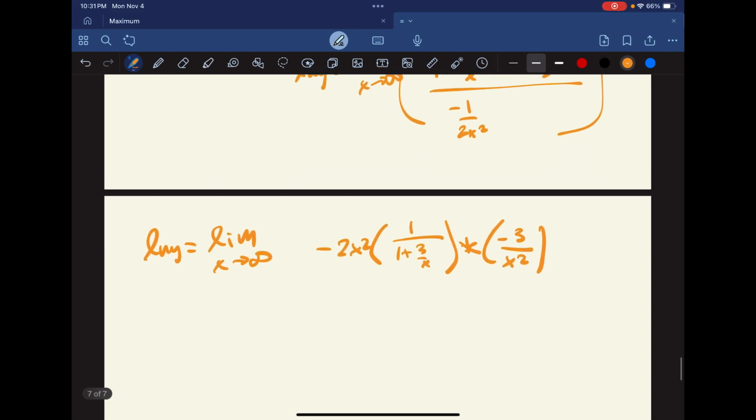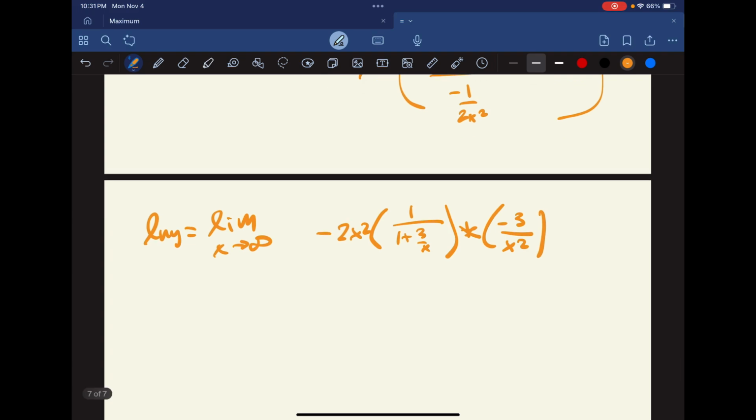So now we can try direct substitution again. That's going to be negative 2 times x squared. Infinity squared is just infinity. Times 1 divided by 1 plus 3 over x, right? That's just 1, because this would go to 0.